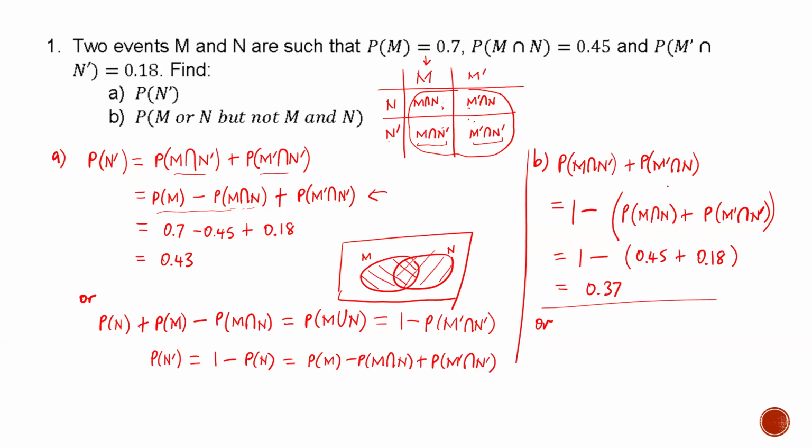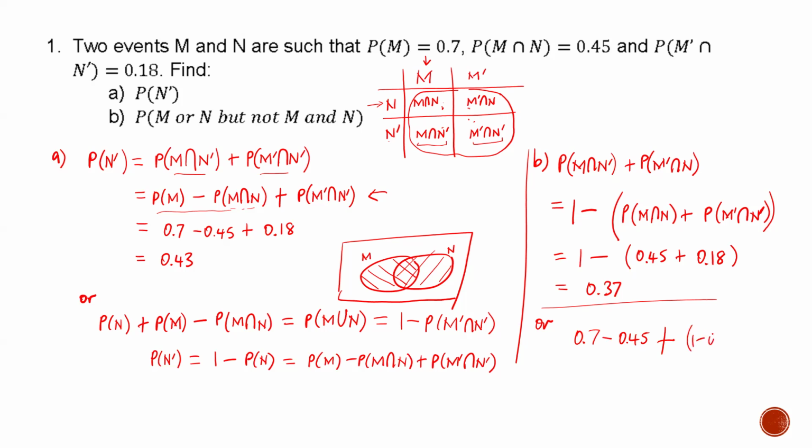You could use the probability of N and then subtract the probability of M intersection N to give you that. So that looks like 0.7 minus 0.45, then plus the probability of N complement, which is 1 minus 0.43.